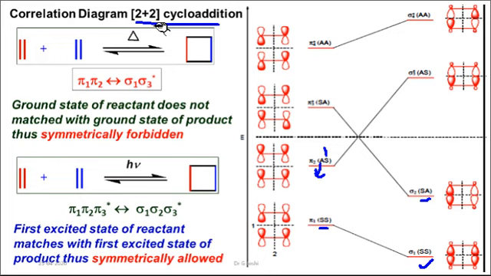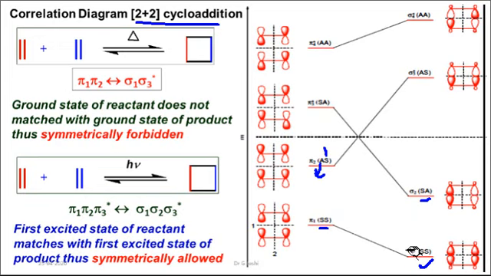Now we'll apply the orbital symmetry conservation rule, as given by Woodward and Hoffmann, to this 2+2 cycloaddition system, and we'll try to match the symmetry labels of the molecular orbitals under ground state as well as excited state.